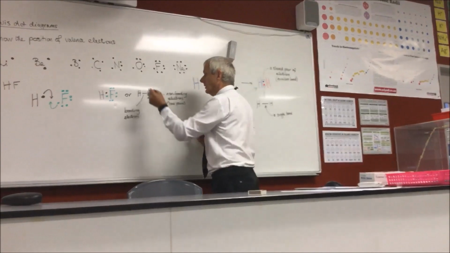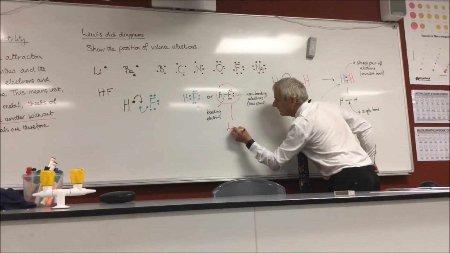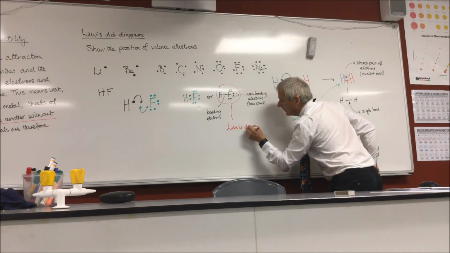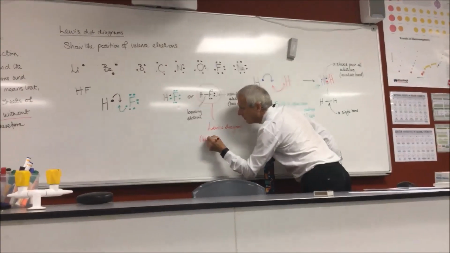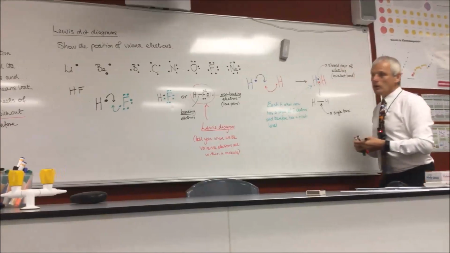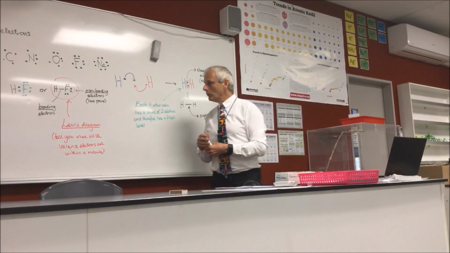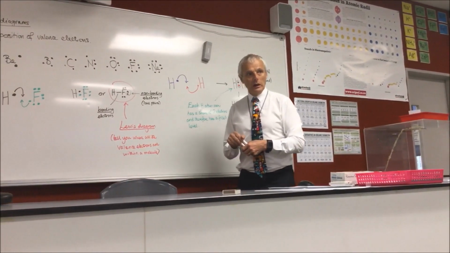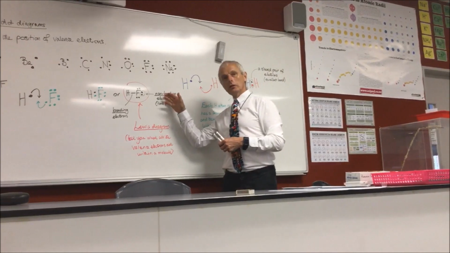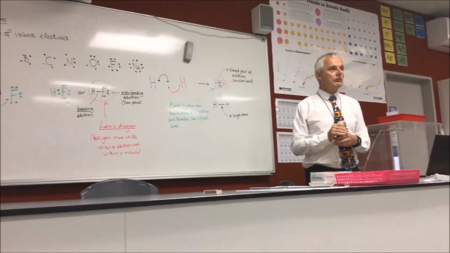So this is a Lewis diagram. That diagram has three important things. Okay? It tells you where all the valence electrons are, and it tells you whether they're non-bonding or bonding electrons. So that's the whole purpose of Lewis diagrams.